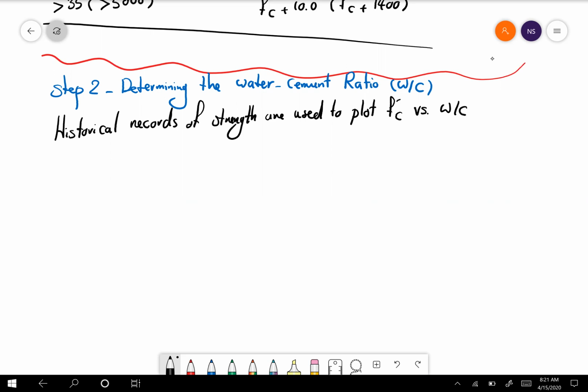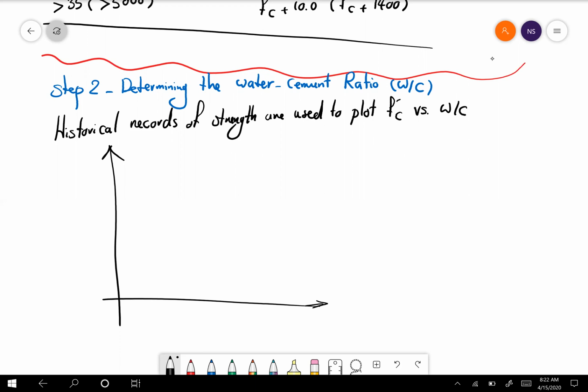We had this graph before, but the general rule is the higher water to cement ratio, the lower the strength, right?